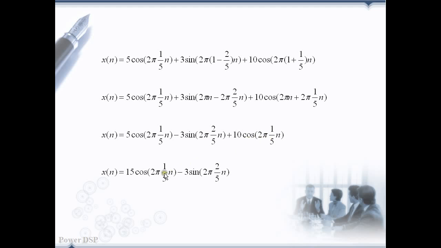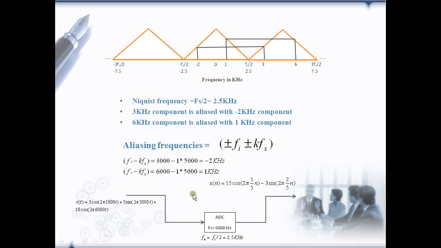We can simplify it further by adding these two terms, and then we get x of n equal to 15 cos(2 pi 1 by 5 n) minus 3 sin(2 pi 2 by 5 n). Here we have to notice one important thing, that we started with 3 components but ended up with 2 components. What happened here? We see that in the next slide.